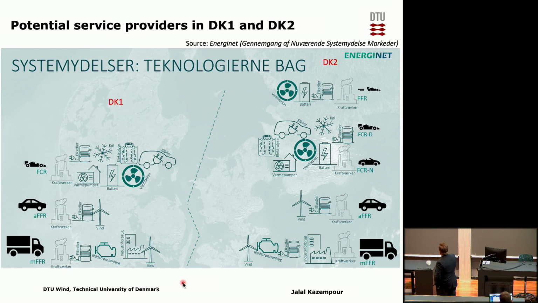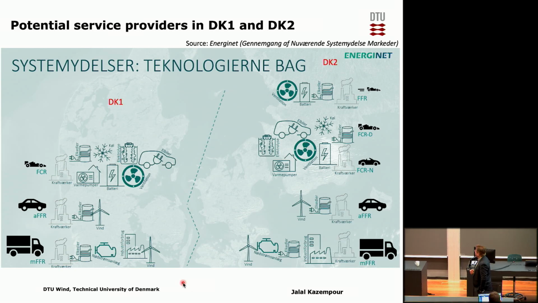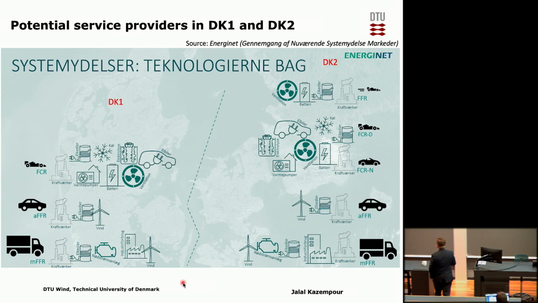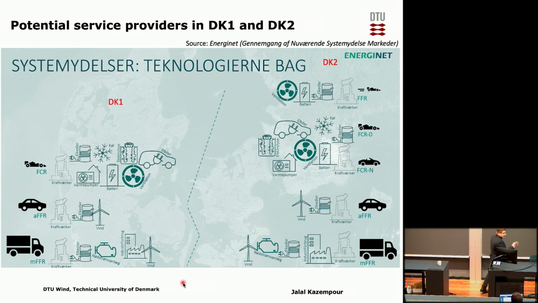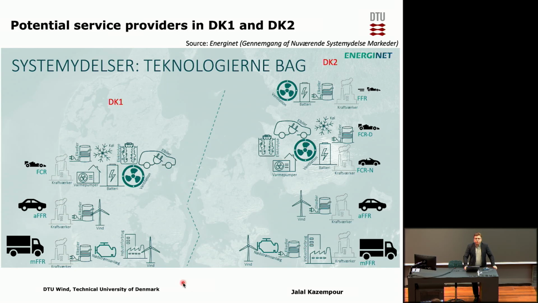In the case of FCR-D and FCR-N, you see that, for example, electrolyzers or electric vehicles are there. So they can participate in FCR markets, but not in FFR. Is it clear? And again, you always have to get the most updated guideline from Energinet or other TSOs to see what the current grid code and guidelines are.